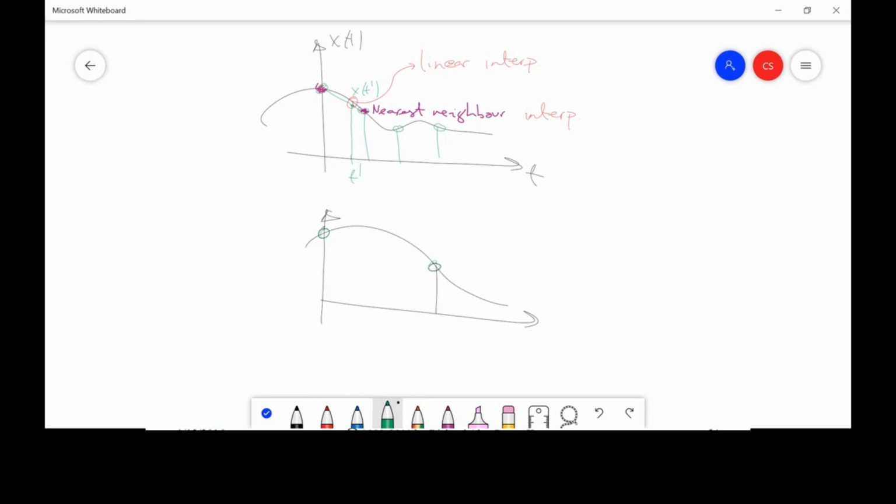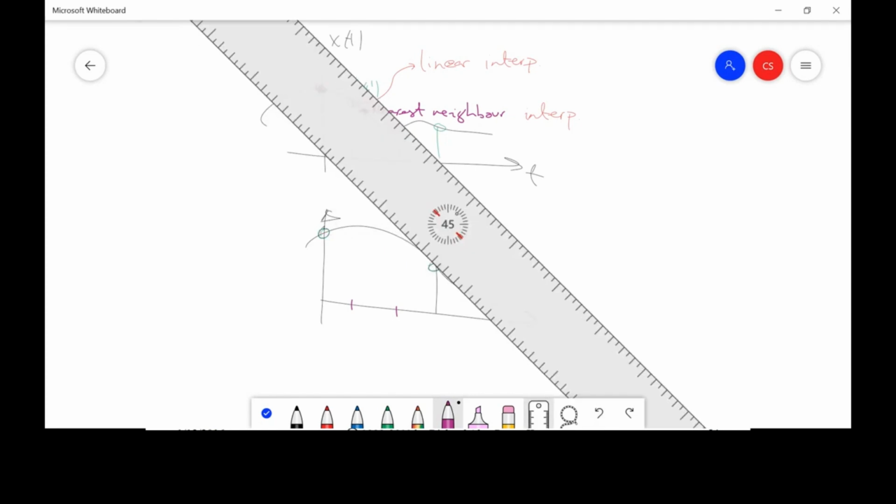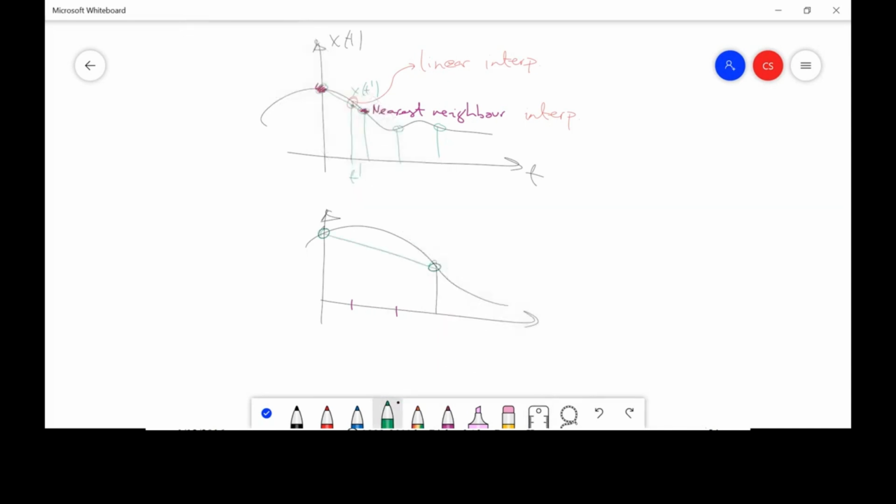So we want to produce this one and this one. You already know the solution. So what is the best estimate of this one?